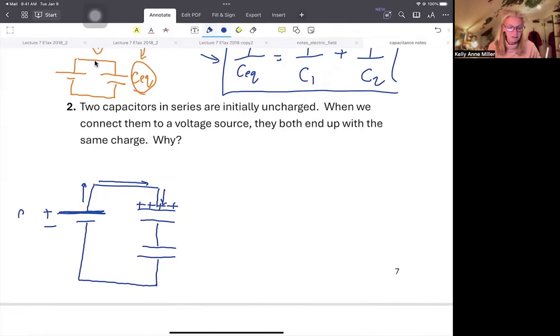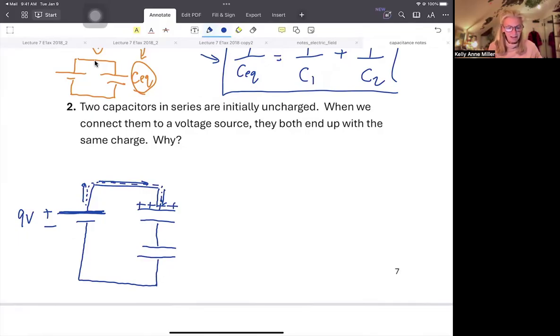So again, if this is a 9-volt battery, charge is going to accumulate on this top plate until you've got an equipotential surface all the way along, like here. Then charge stops flowing and we say that the capacitor is fully charged.